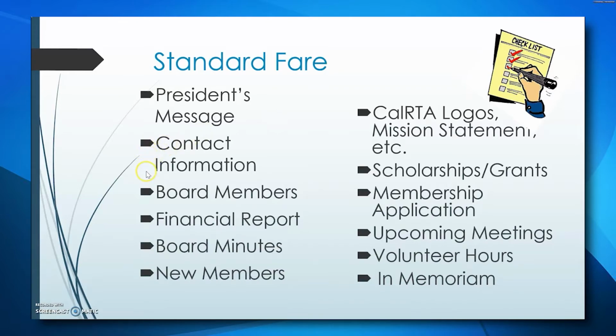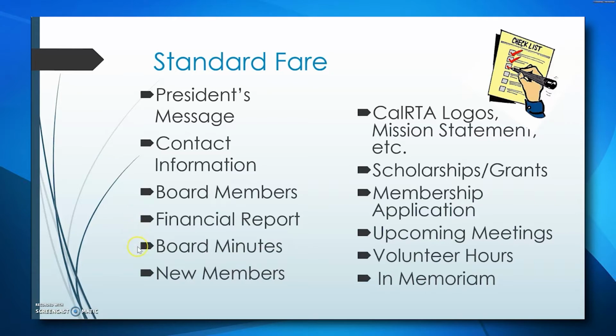Contact information for the division, including an address, perhaps a phone number contact, and even an email address, are also very important. A list of board members and their positions is helpful, especially to new members. A full or shortened financial report and board minutes are often included as well.